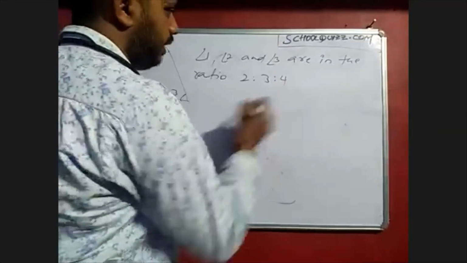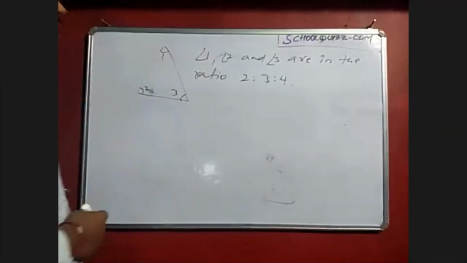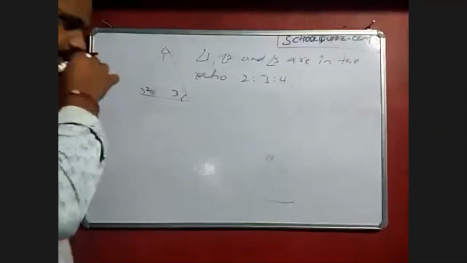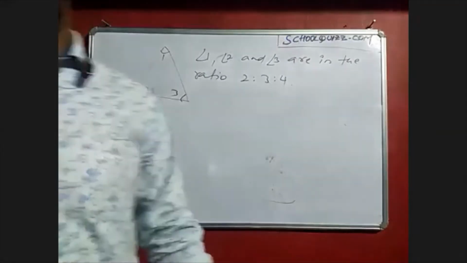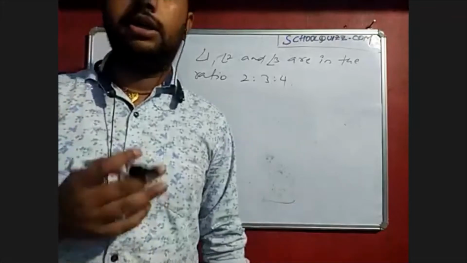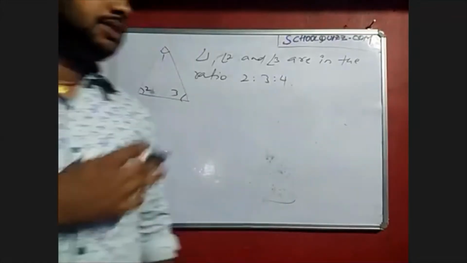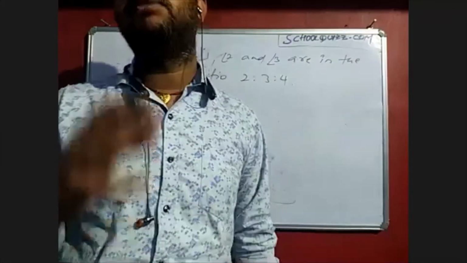And what will be the angles? As we know, if it is a ratio, how can we define that ratio? We have not started the ratio topic here, but when we complete this topic, then we will move to our aptitude topics also.